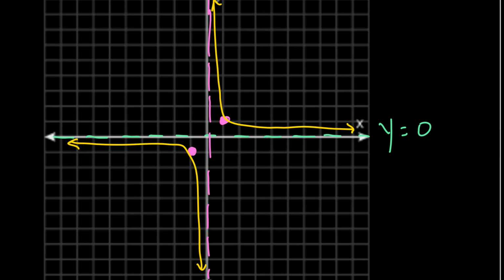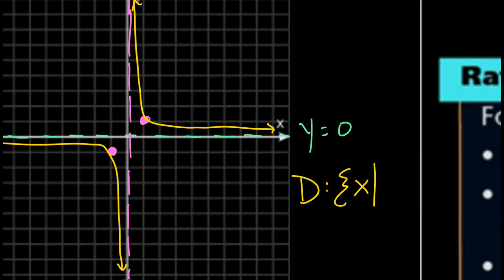What is the only singular thing on this graph that x cannot be? 0. So our domain for this is x such that x cannot be 0. That is the only restriction. We're done.